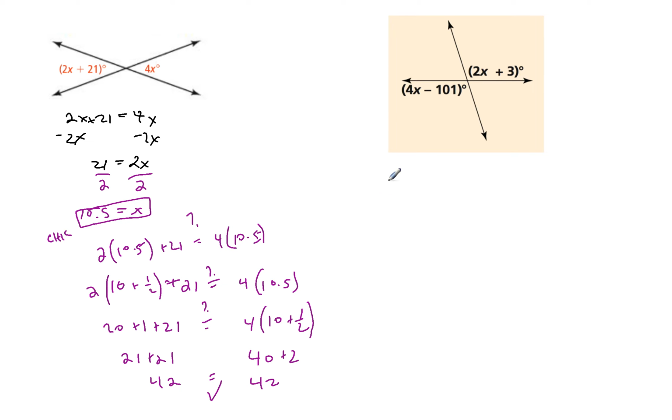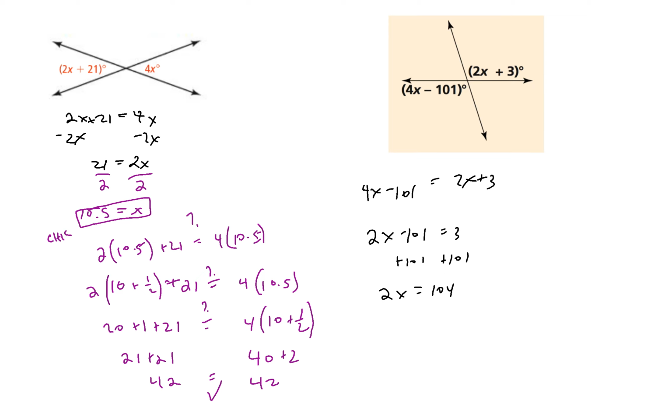So I have 4x minus 101 is equal to 2x plus 3. I'm going to subtract 2x from both sides of my equation, and I get 2x minus 101 is equal to 3. Let me add 101 to both sides, and I get 2x is equal to 104.